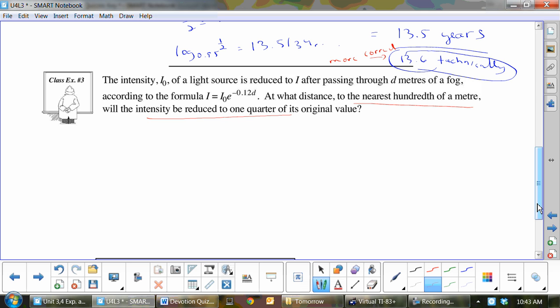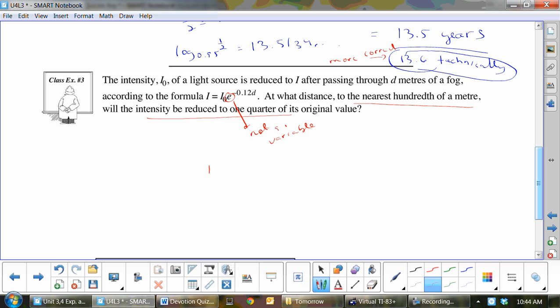Now that's not nice and cut and dry. Remember, e is not a variable. E is an actual number, just like pi. And this is where it would be used. It's used in physics. So what is I and what is I naught? What should be a quarter?